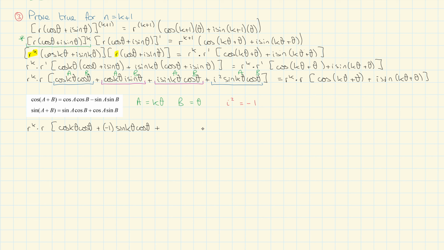Actually, this one we can rewrite. If we have a look here, it's sine a cos b. So we'll put the second part first. So we get i sine k theta cos of theta, and then plus cos a sine b. There's our correct order. Close your bracket, and that equals the right hand side, which has stayed the same throughout this.